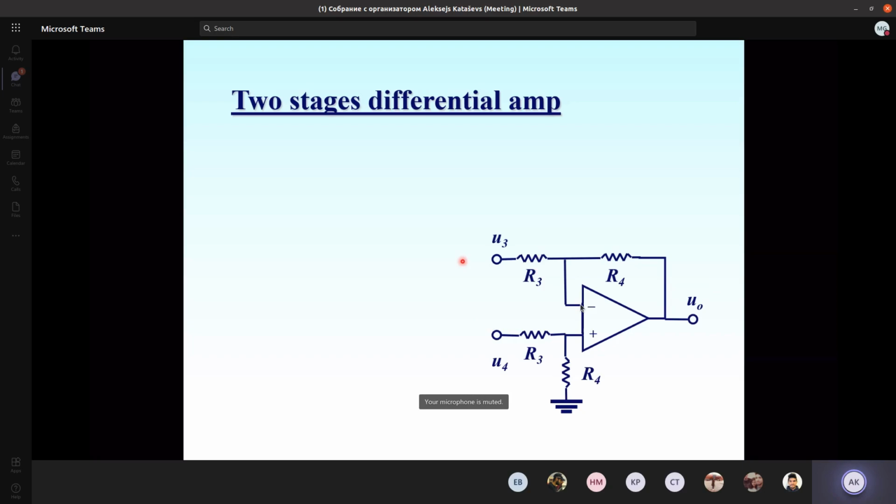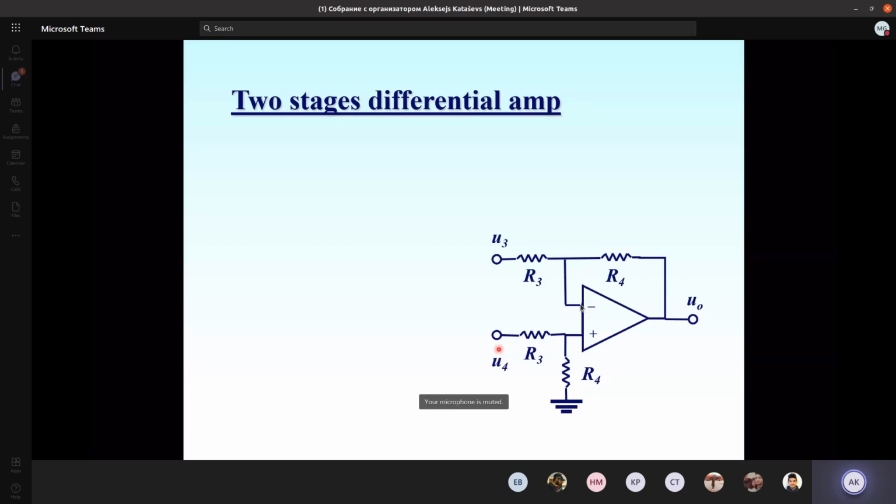We already discussed it. So we need some buffers to disconnect our sources, which require high resistance, from the direct connection to inputs of this differential amp. So what should we add?